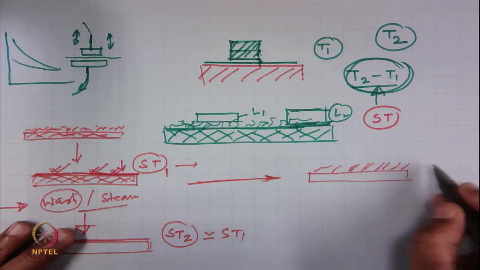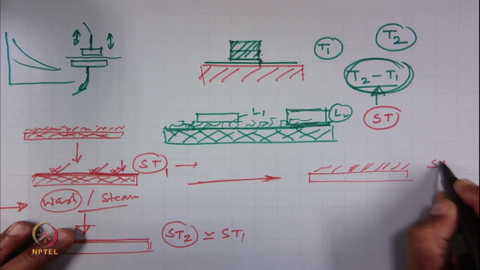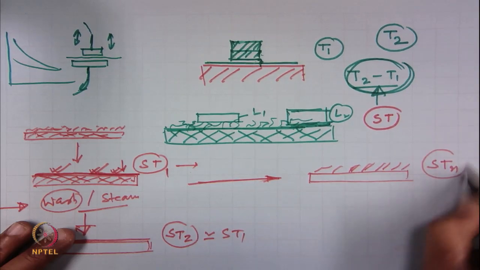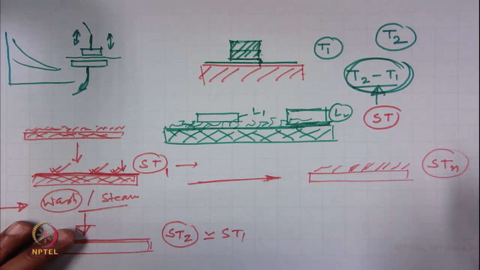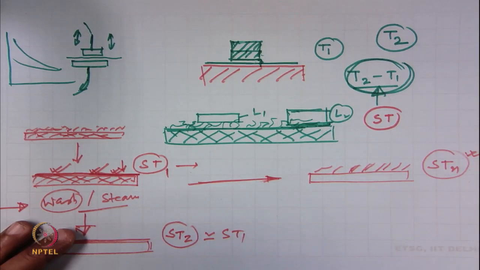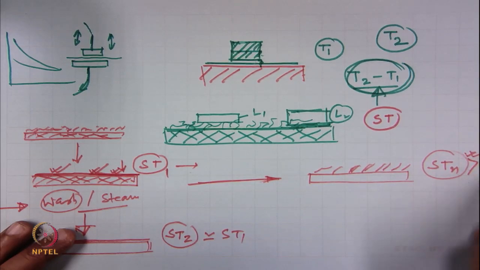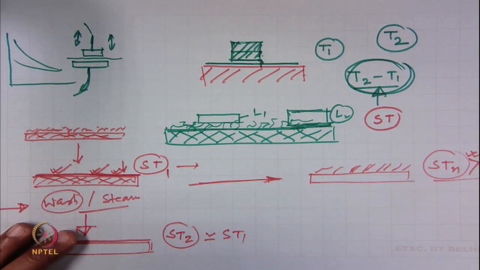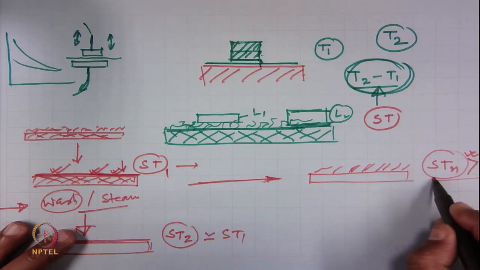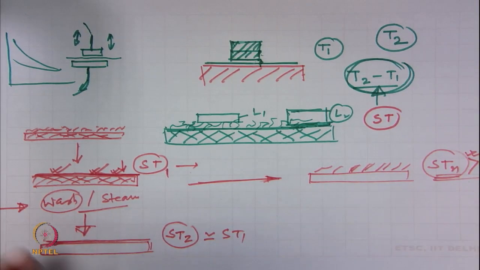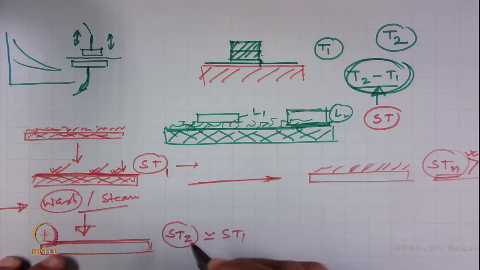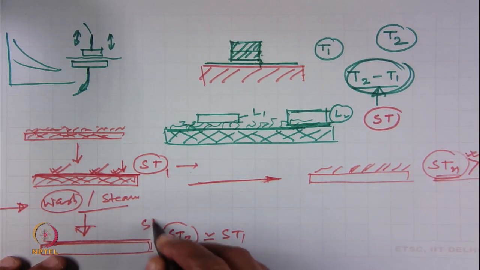And again we test STN after the nth wash. This STN will be more than ST1. So, the difference between this surface thickness and that surface thickness is called the released surface thickness, STR.